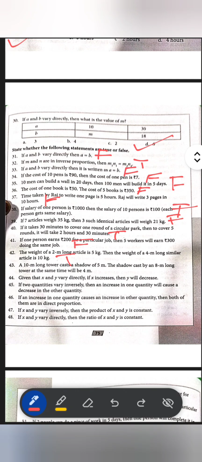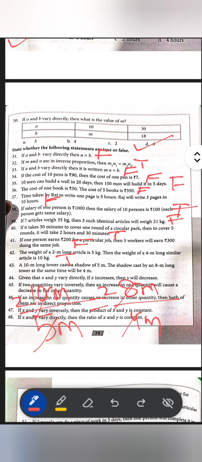Okay, the next question. A 10-meter long tower casts a shadow of 5 meters. The shadow cast by an 8-meter long tower at the same time will be 4 meters. Let's see: 5 2s are, 4 2s are.